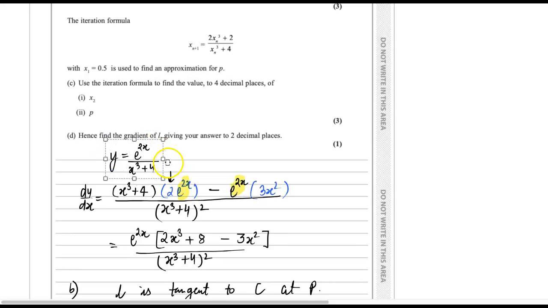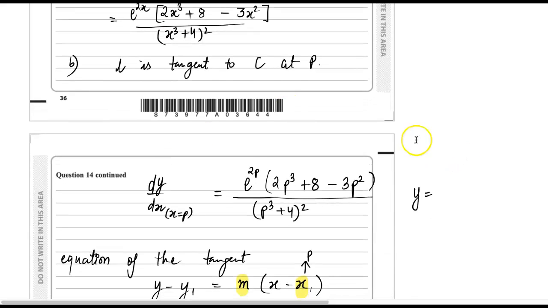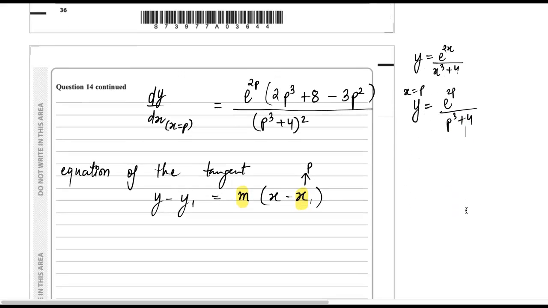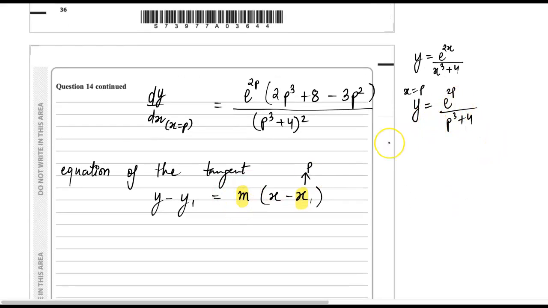So substituting x equals p, we get e to the power 2p over p cubed plus 4, and this is your y1. We have y1, x1, m, everything.